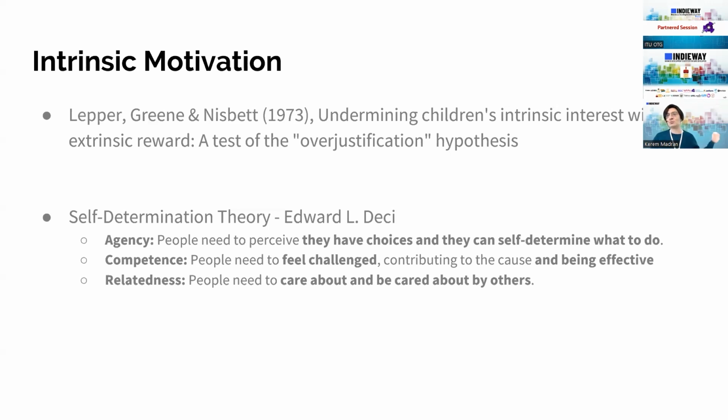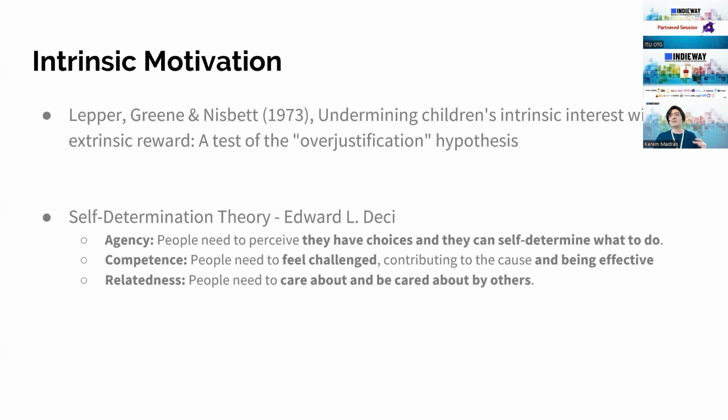The self-determination theory was developed by Edward Deci. If you search this name on Google, you can go into the details of this theory. There are three main feelings. Agency is one of them. I really want to call it impactness.